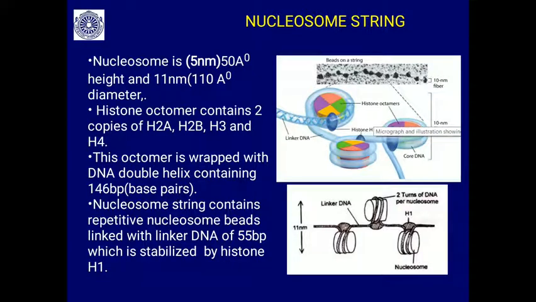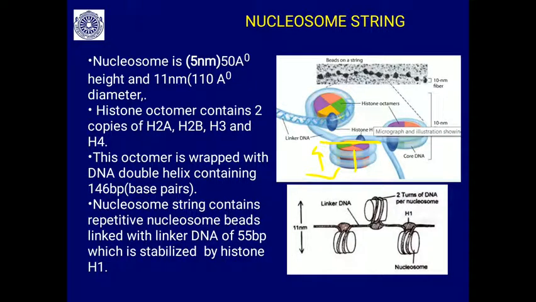The 2 turns of DNA contain 146 base pairs, whereas the linker DNA contains about 55 base pairs. The nucleosome is about 5 nanometer or 50 angstroms in height, and the diameter is about 11 nanometer.